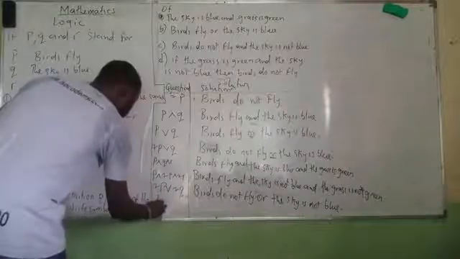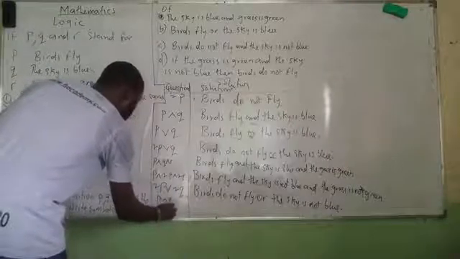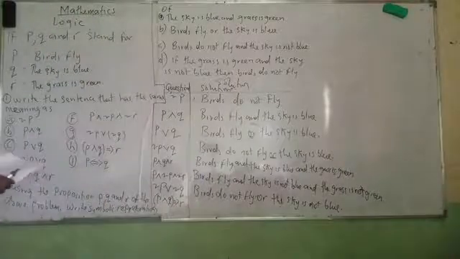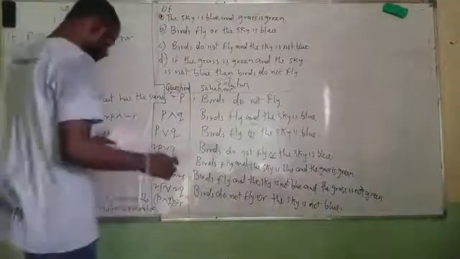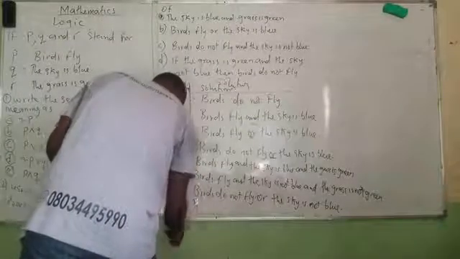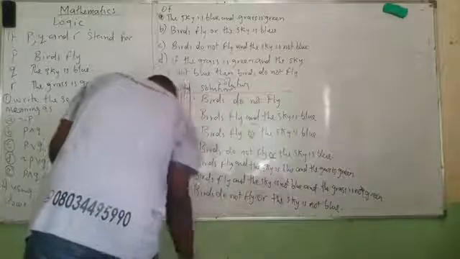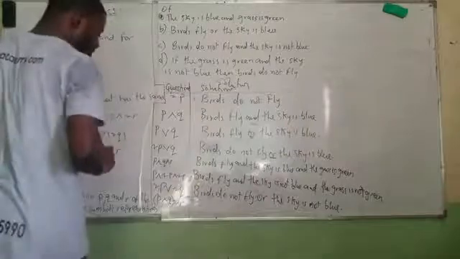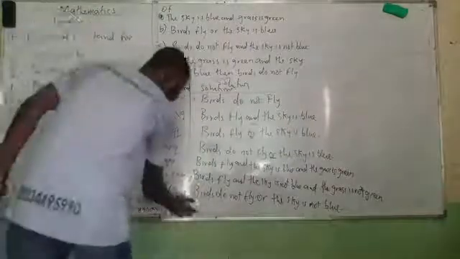Now look at this. This one is a very, very nice one. P and Q implies R. It means there is a conditional. If there is a conditional, there will be an attachment of if.